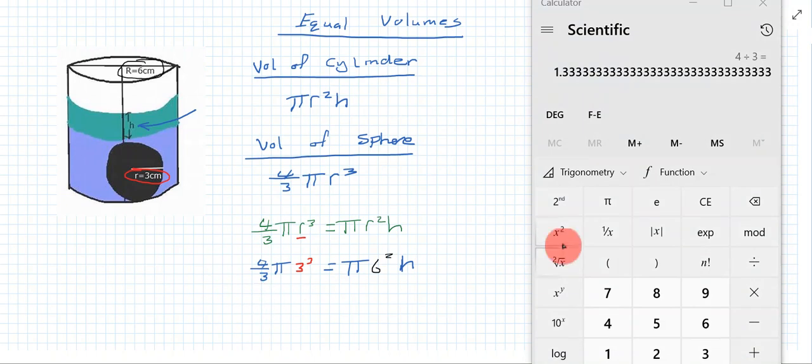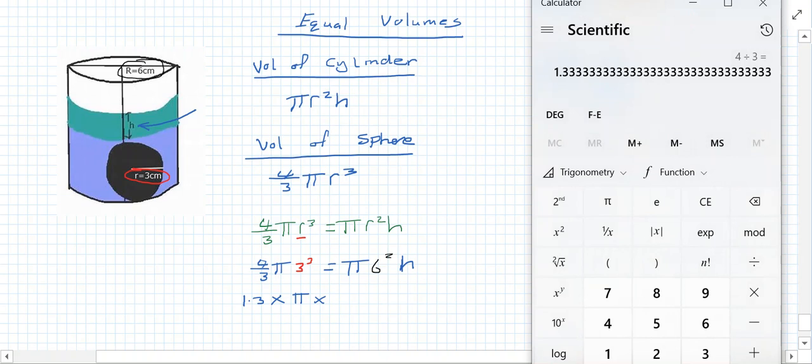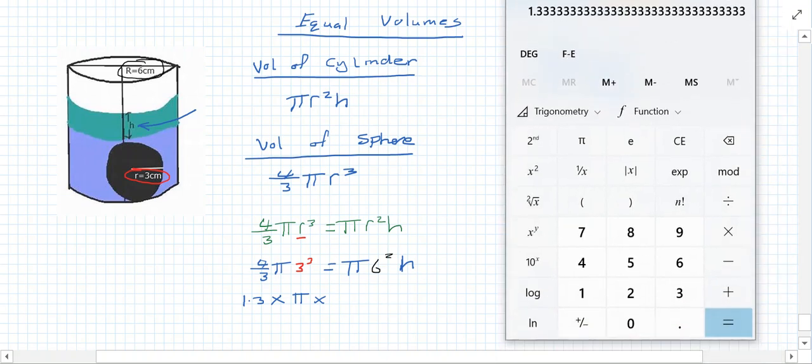So this is going to be equal to 1.3 multiplied by pi multiplied by 3 3s are 9. So let's do 3 by 3 by 3. 3 multiplied by 3 multiplied by 3 is equal to 27.